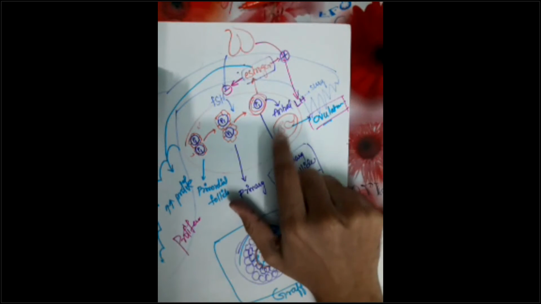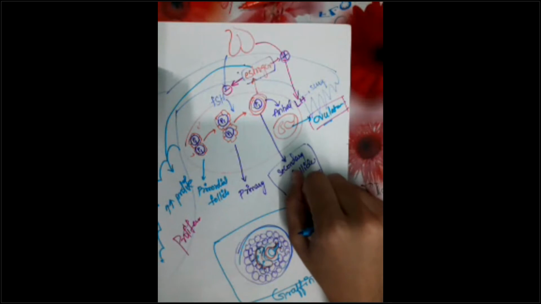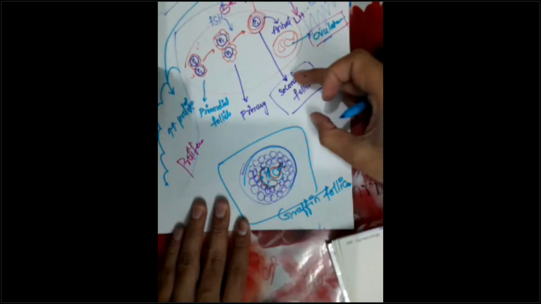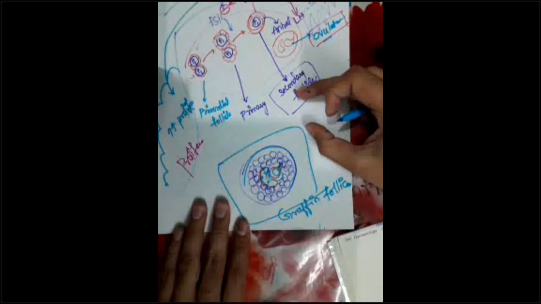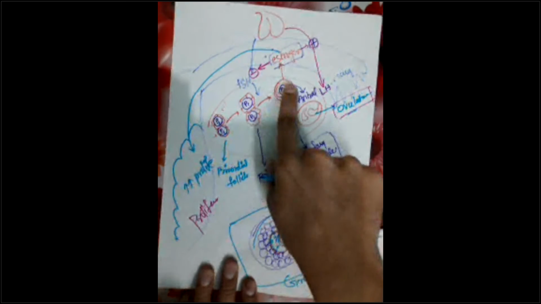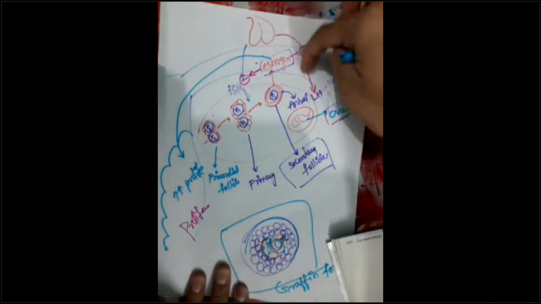Why secondary? Who is telling secondary? Did I discuss secondary till now? No, don't get confused with follicles. This is a secondary follicle. This is the Graafian follicle. Inside the follicle, you will have the oocyte. From birth till now, we have only primary oocyte, till the LH surge.